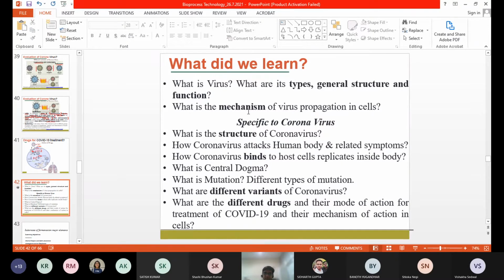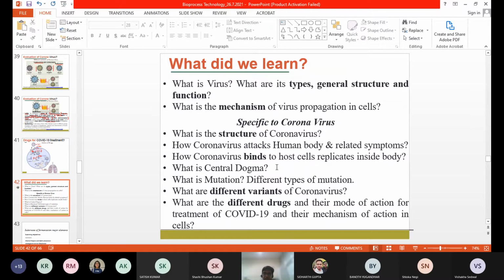Then we studied the mechanism of the virus propagation in the cells. Coming specifically to the coronavirus, we studied its structure, how it attacks the human body and how it binds to the cells, and then gets replicated within our body.